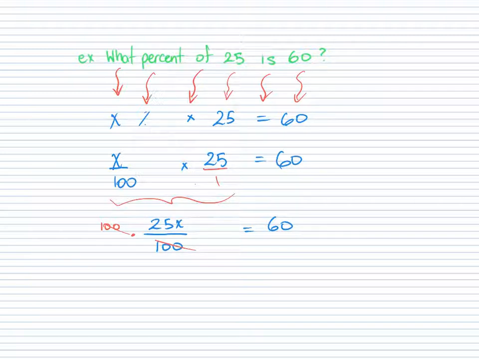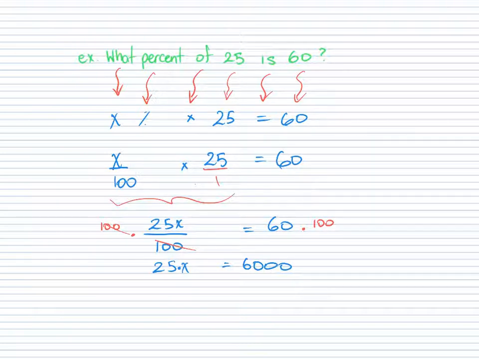However, whatever you do to the left side of the equation, you know by now you have to do to the right side of the equation as well. So we have to multiply the right side of the equation by 100. And so we get that 25x is equal to 6,000. All right, so now we're pretty close to the final answer here. We see that 25 is being multiplied by x.